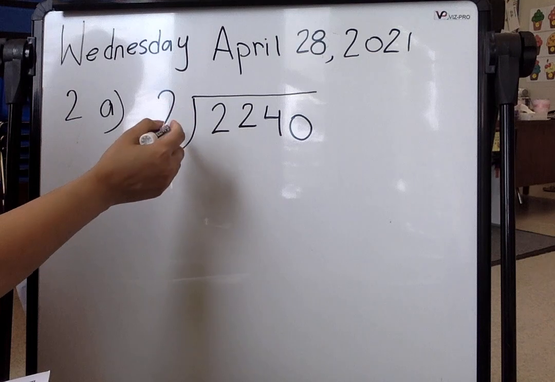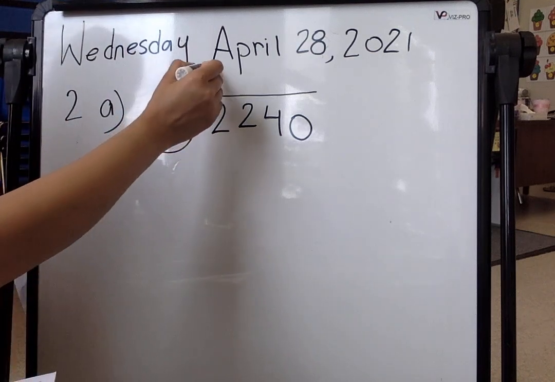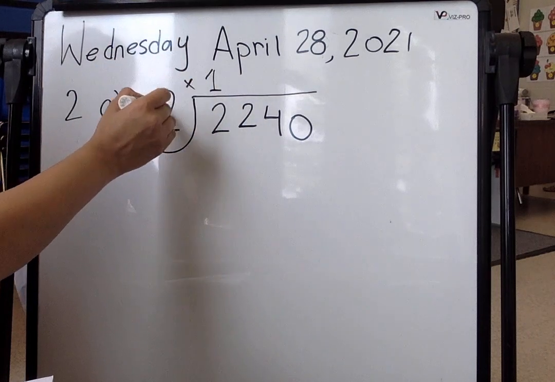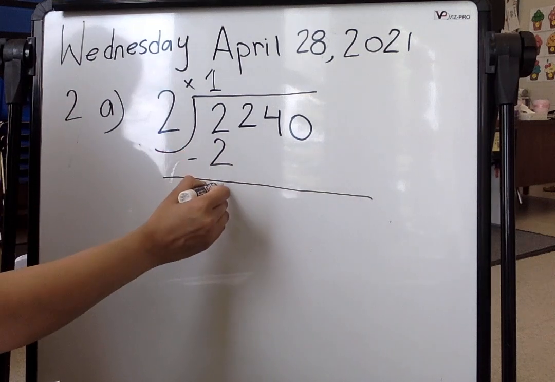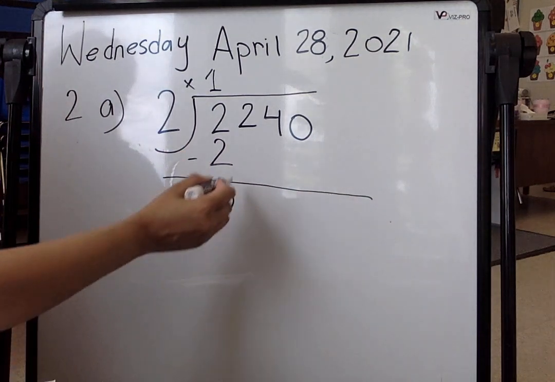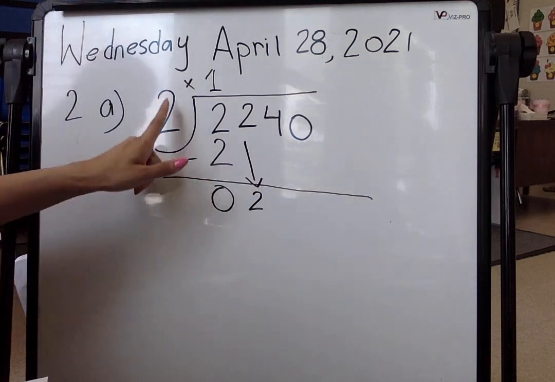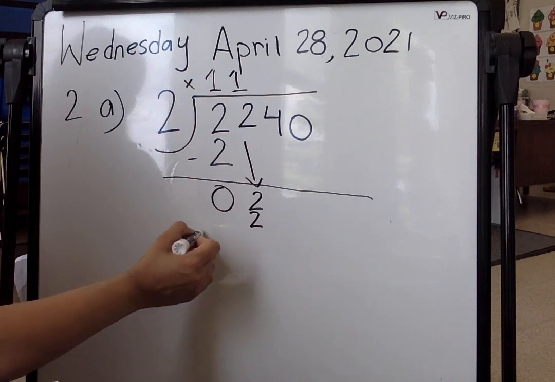So how many 2s do I need to make 2? I need 1 two. Then I go back and multiply, right? 2 times 1 gives me 2. Then I subtract. I'm left with 0. I bring my 2 down. And I can still divide, right? So 2 times 1 gives me 2.